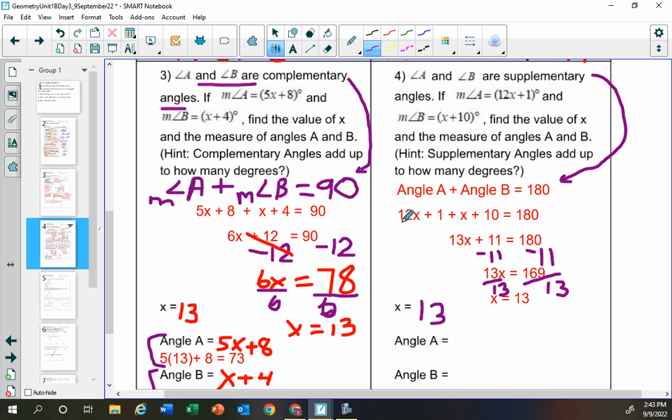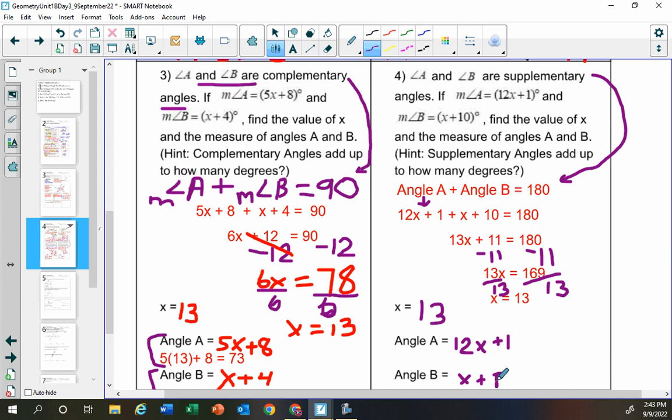So remember, angle A, 12x plus 1. A equals 157. All right, yup. I see where you got that, because 12x plus 1. And then B is going to be 23. x plus 10. And that gives you 180. Yes, it will. Very good.